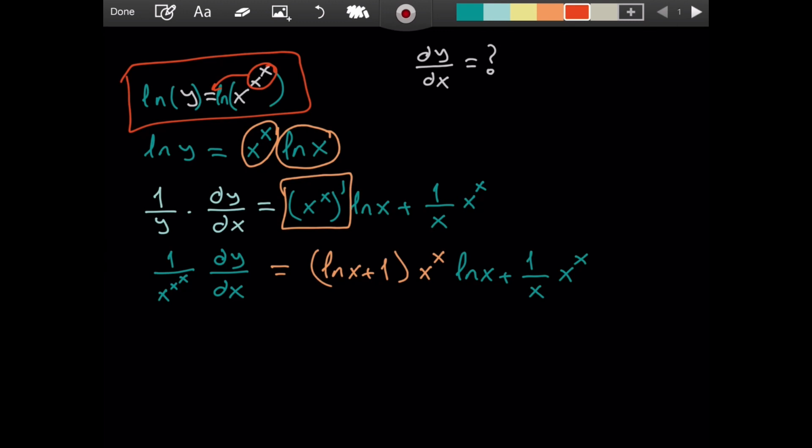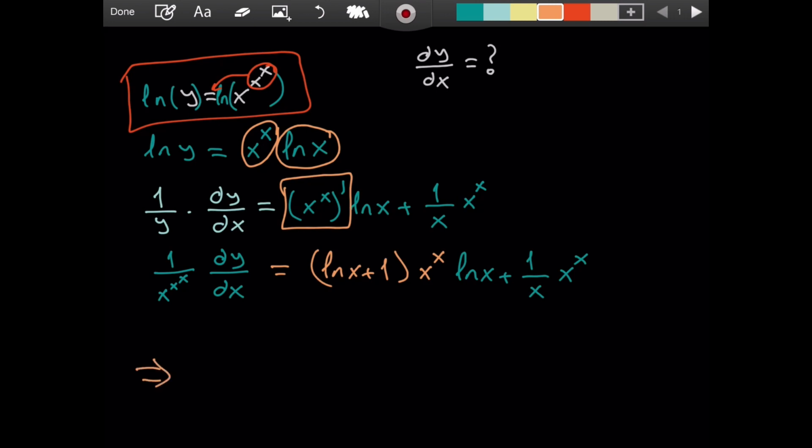So we can substitute for y. Cool? Here, as I said right here, we want to solve for dy by dx, which means we just multiply both sides by x raised to the power of x raised to the power of x. I said x a lot in this video, but that's what we do, right?